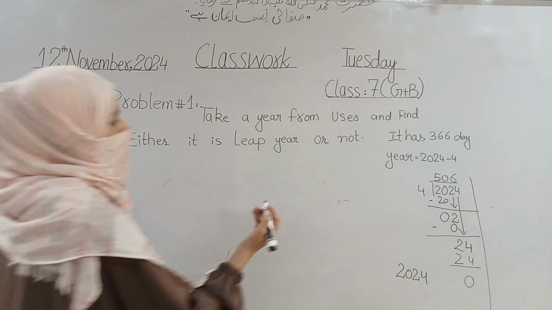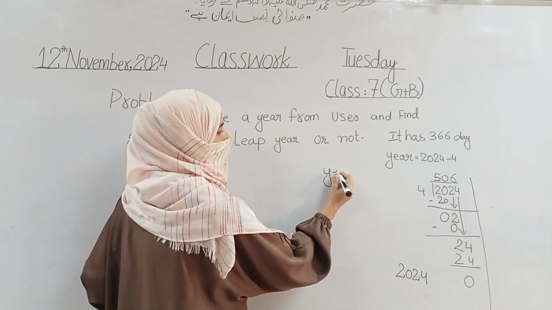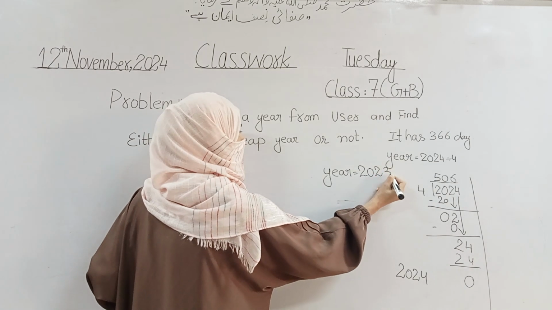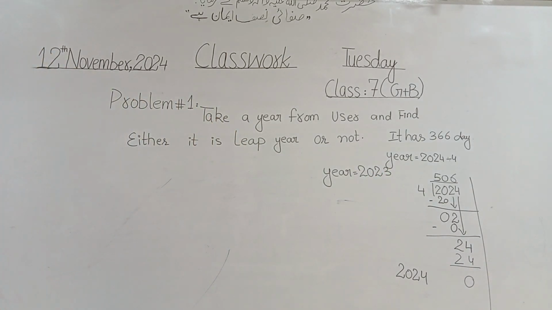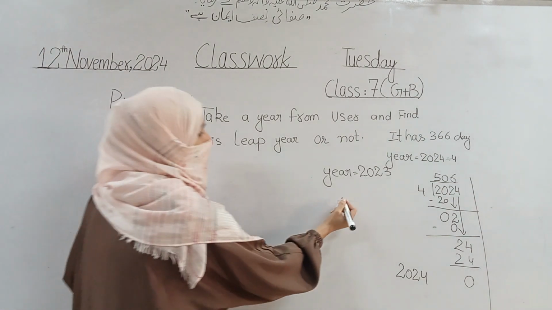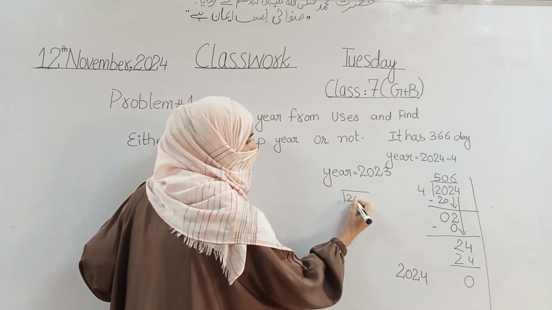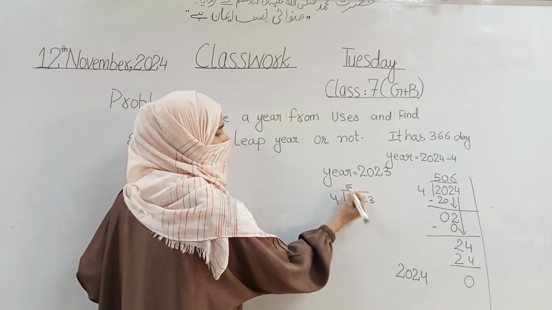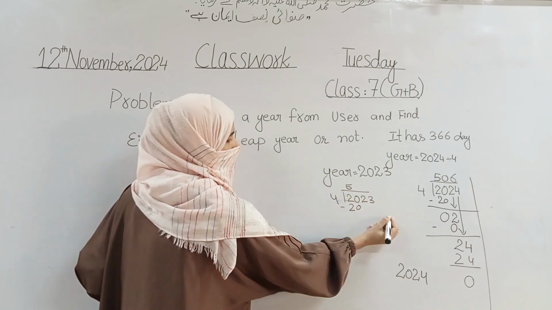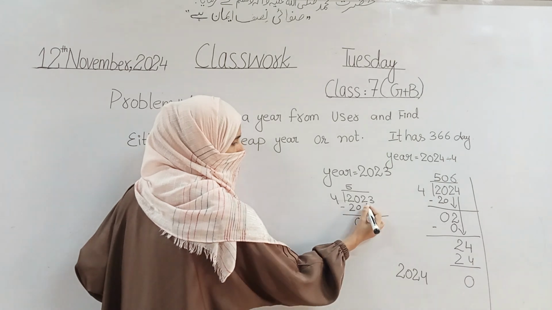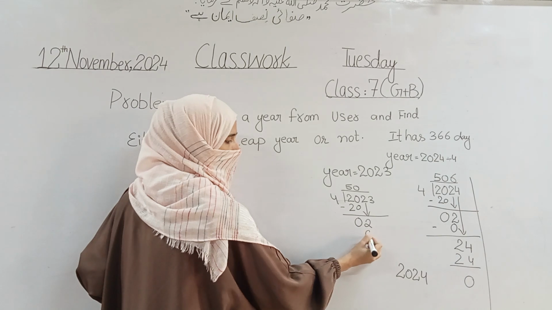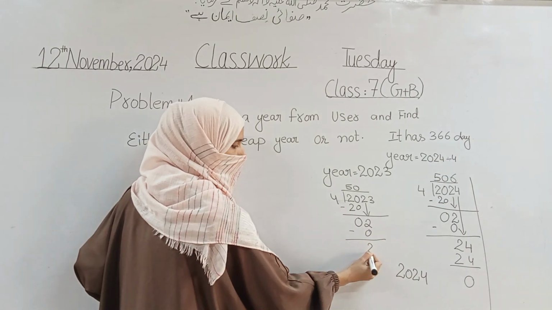Now take another example. For example, user entered year 2023. So we have to divide it by 4. 4 5 times 20, minus 0, 2. 4 0 times 0, remainder is 2.